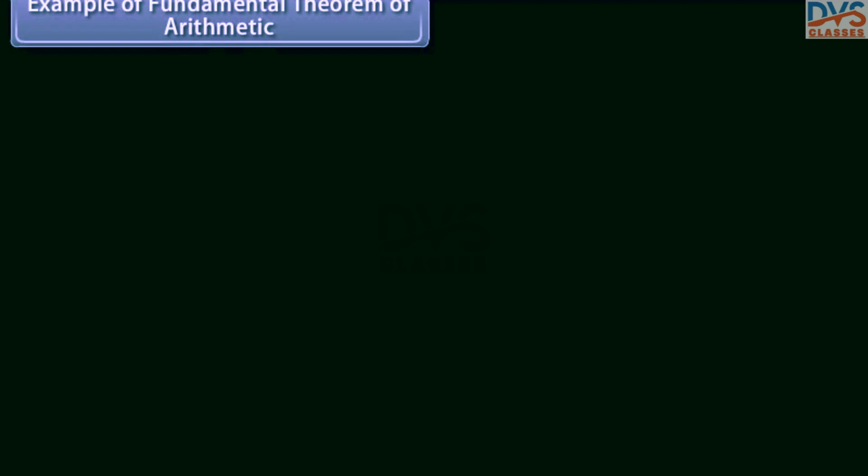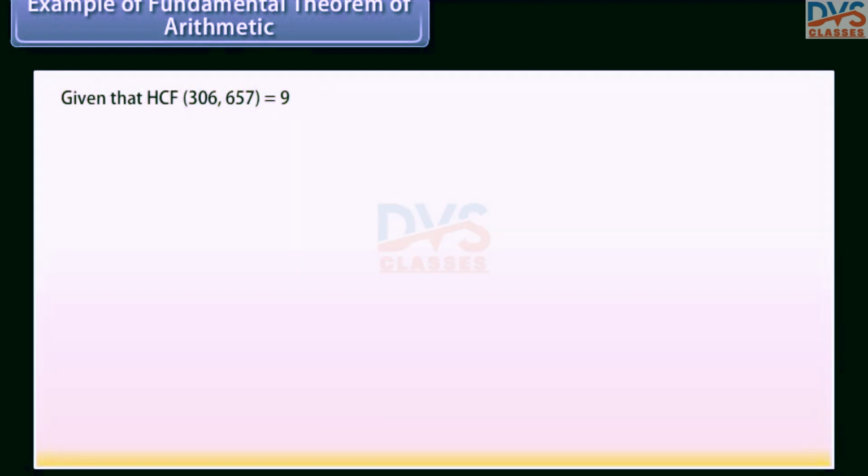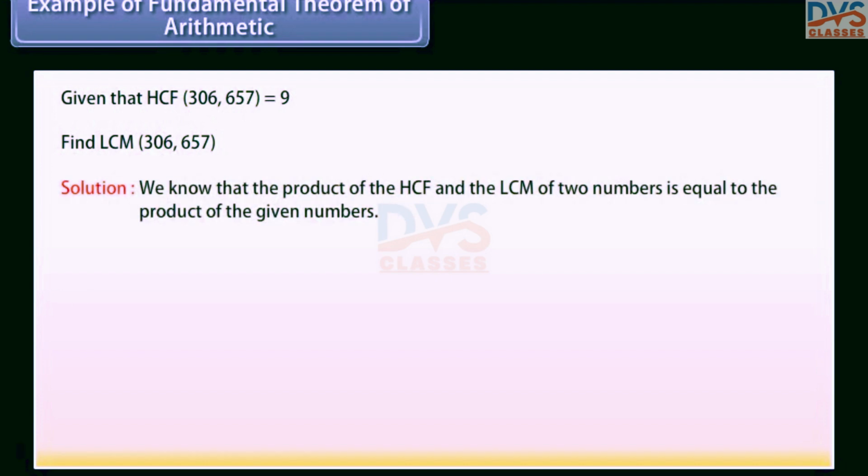Examples of the fundamental theorem of arithmetic. Given that HCF(306, 657) = 9, find LCM(306, 657). Solution. We know that the product of HCF and LCM of two numbers is equal to the product of the given numbers. Therefore, HCF(306, 657) × LCM(306, 657) = 306 × 657, so 9 × LCM(306, 657) = 306 × 657.